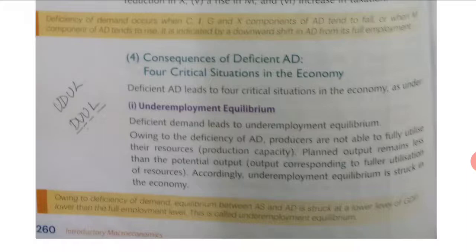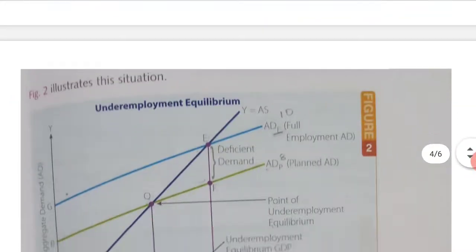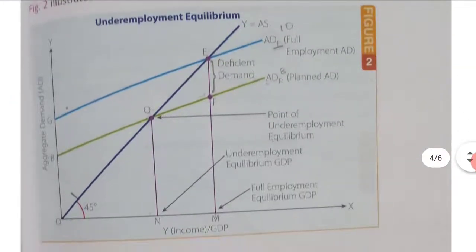What does underemployment equilibrium mean? The equilibrium where aggregate demand and aggregate supply meet is the full employment equilibrium. Just check this diagram. In this diagram, there are 2 equilibria. One is E, the other one is Q. E equilibrium we already discussed.